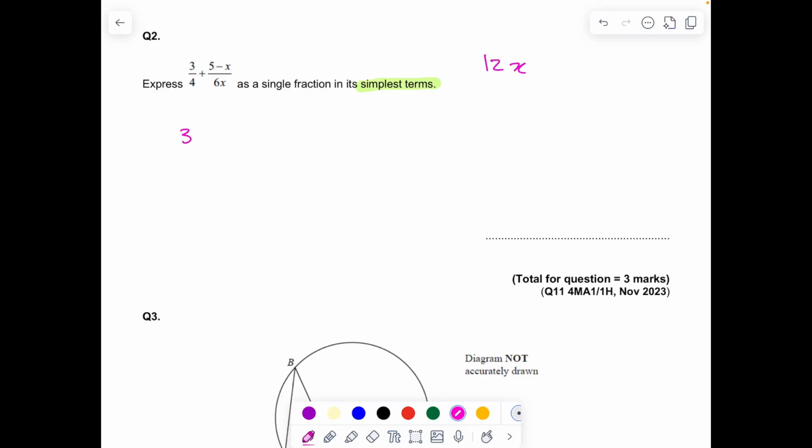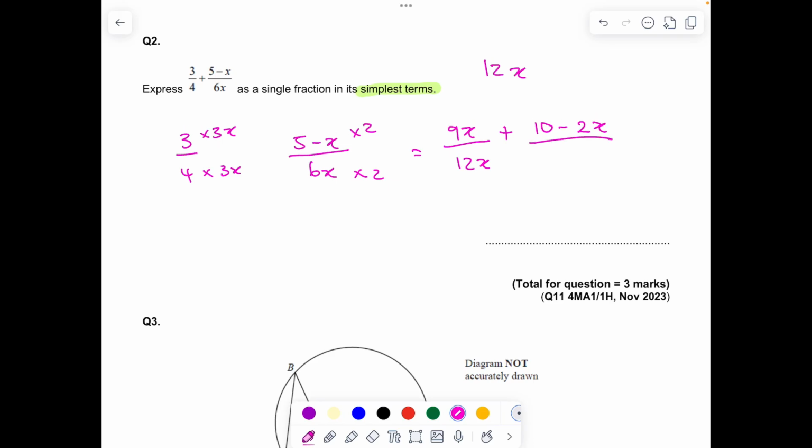So 3/4, I'm going to multiply top and bottom by 3x. And then 5 minus x over 6x, I'm going to multiply top and bottom by 2. So what I get is 3 times 3x is 9x, over 4 times 3x, which is 12x, plus 5 minus x times 2 is 10 minus 2x, over 6x times 2, which is 12x.